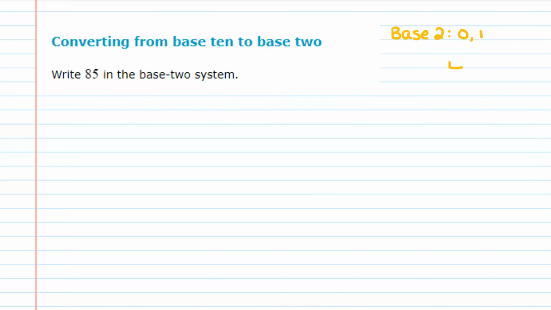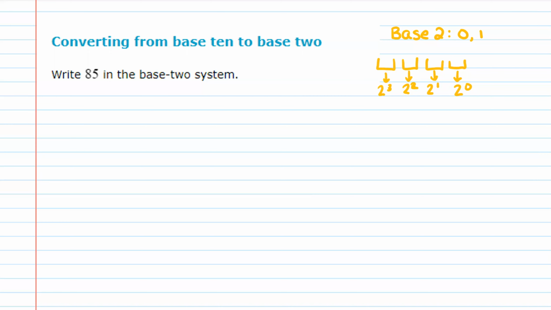And the place values are based on 2 to a power. So the rightmost is 2 to the 0. And then to the left of that is 2 to the first, 2 squared, 2 cubed, etc.